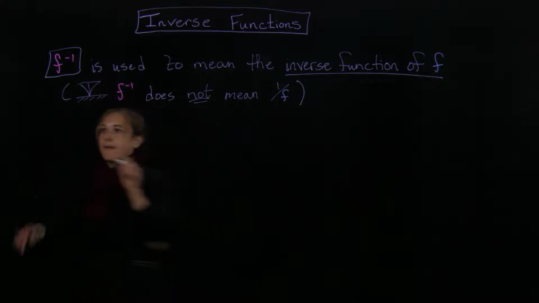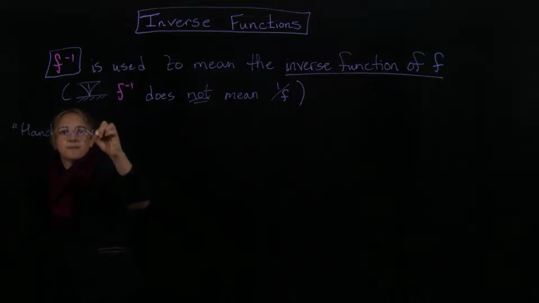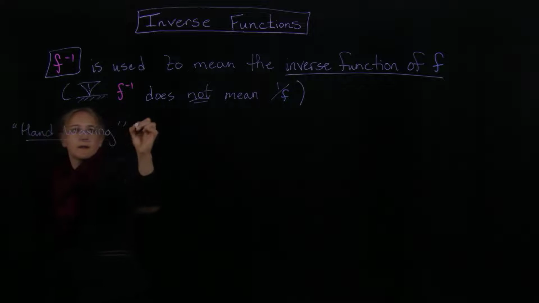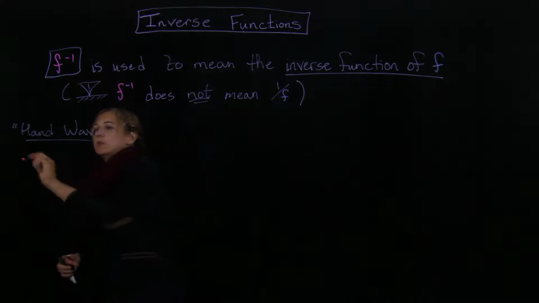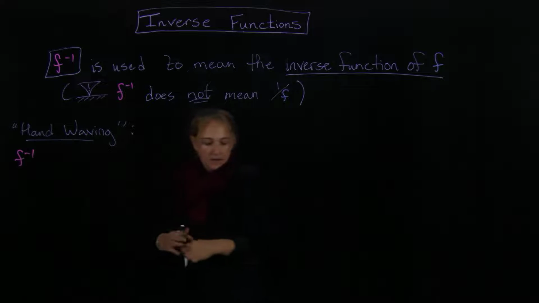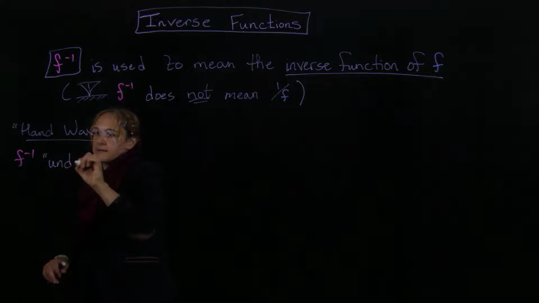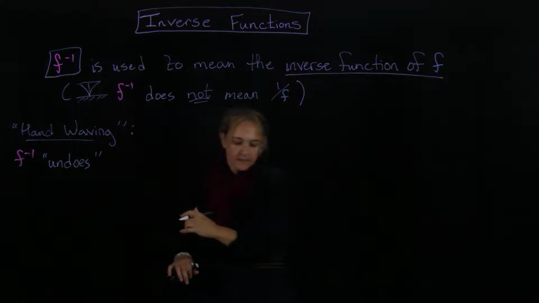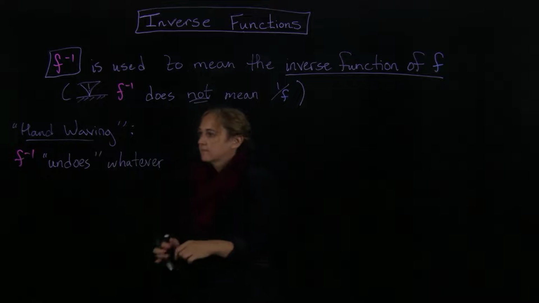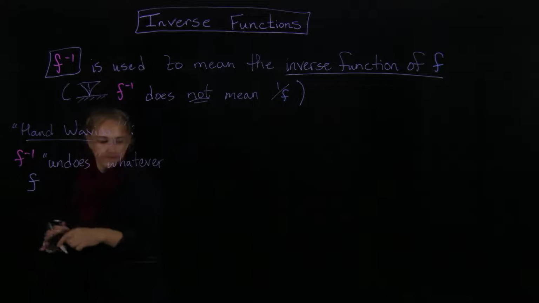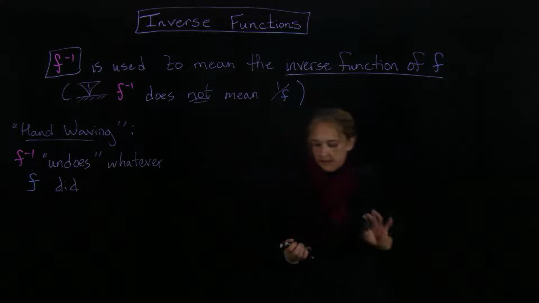And here's a hand-wavy description of what it is. f inverse undoes whatever f did. How does this end up working?